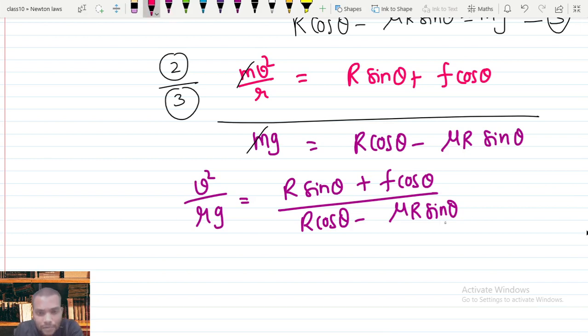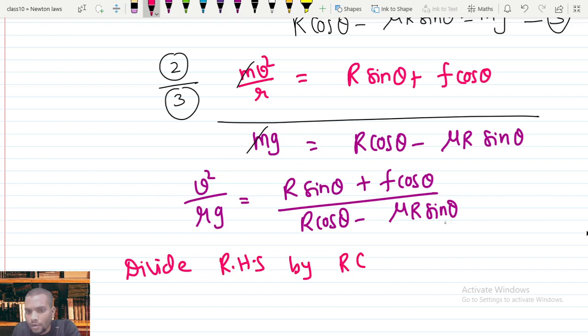For further simplification, multiply and divide the RHS by R cos theta.